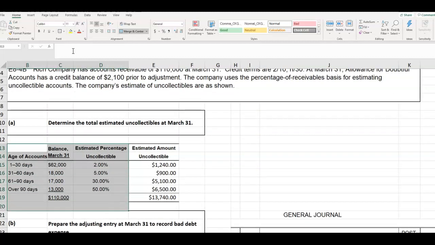This part here in yellow was given to us from the instructions, and we just created this other column. 1 to 30 days would be 62,000 times 2%, 1,240, 18,000 times 5% is 900, etc. On down to 13,740. That is the balance in my allowance for doubtful accounts after the adjustment.